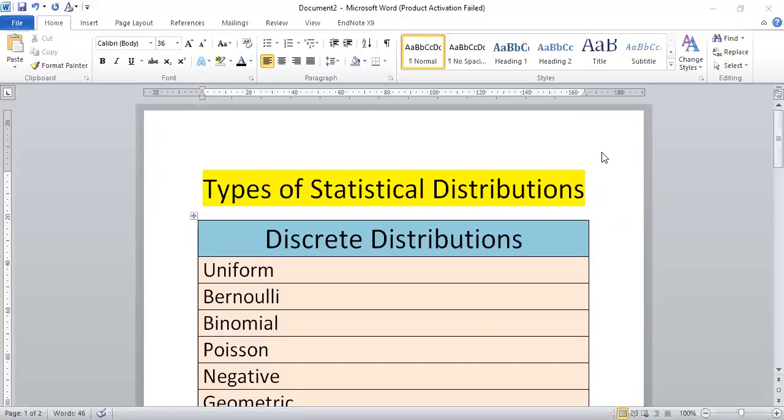The main and important portion that comes in the PPSC test is the types of distributions, probability distributions, and it comprises more than 80% of your paper.